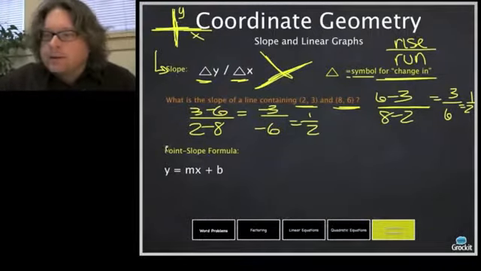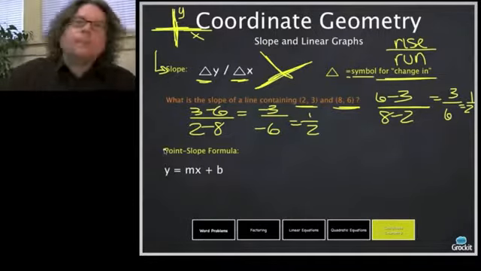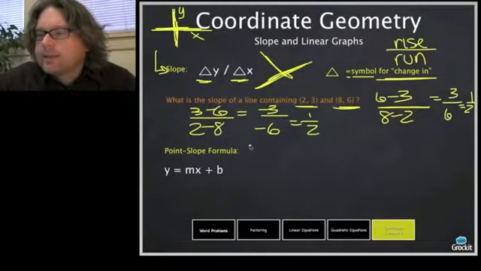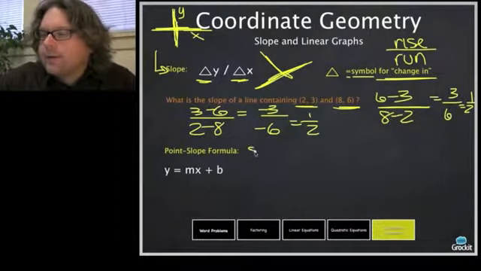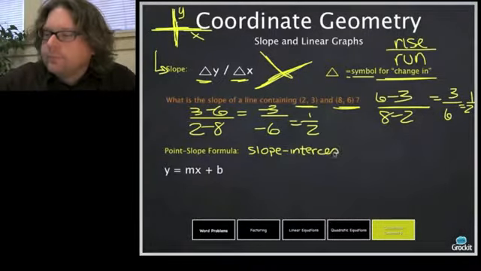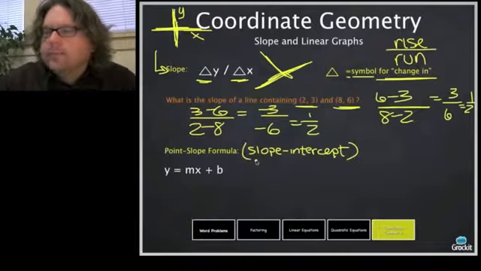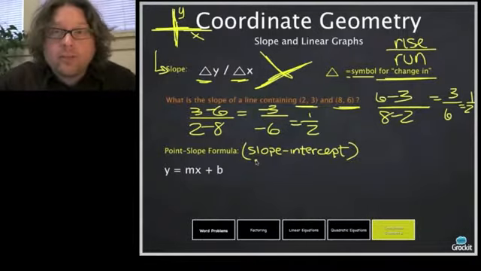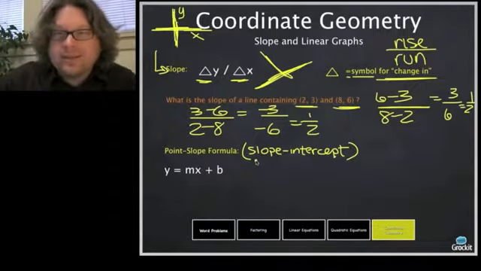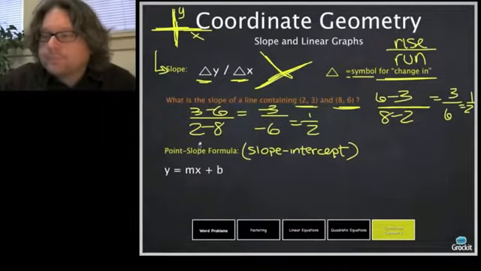So the point slope formula, also known as the slope intercept form, that's how I learned it, is a form that you can put any linear equation in to give you the information that you need for drawing it on a graph.